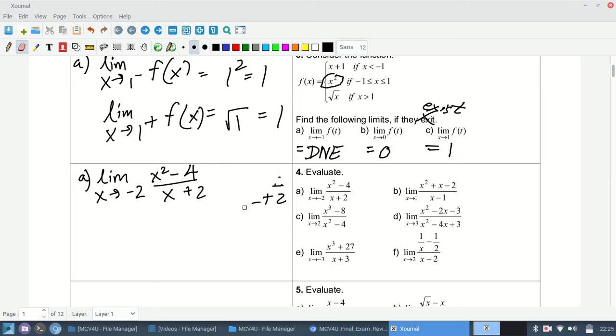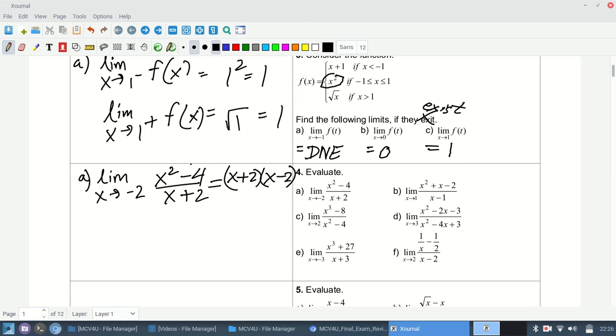Now, when you've got a rational function, a polynomial over a polynomial, chances are you can factor stuff out of the top and bottom, and you can cancel. So here on the top, it's called a difference of squares, right? So we can do x plus 2, x minus 2.